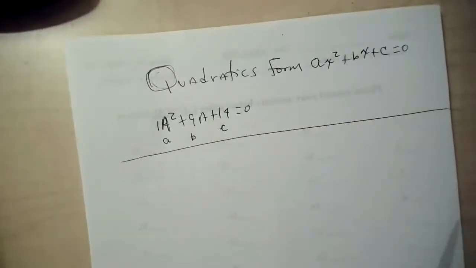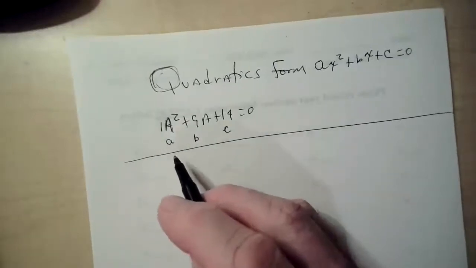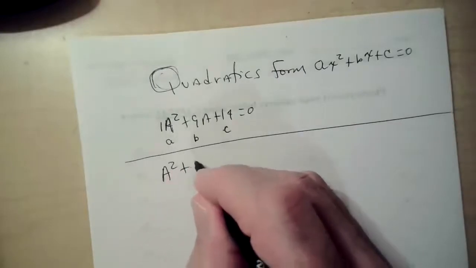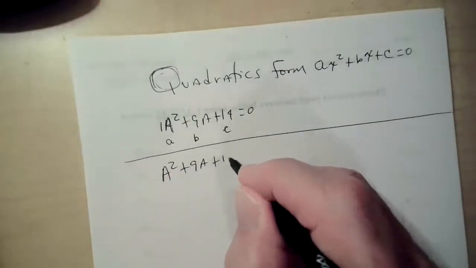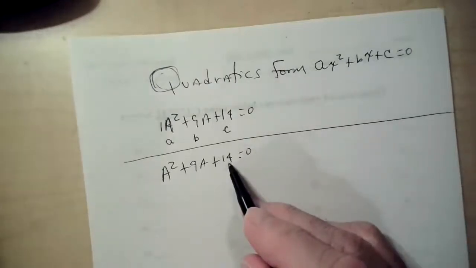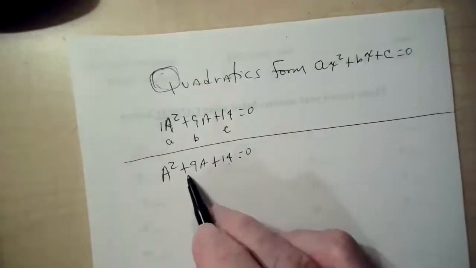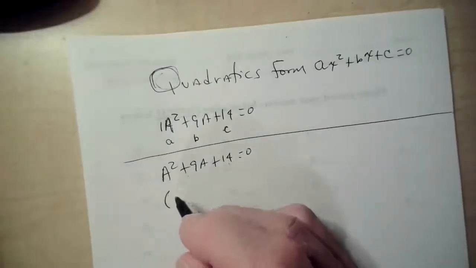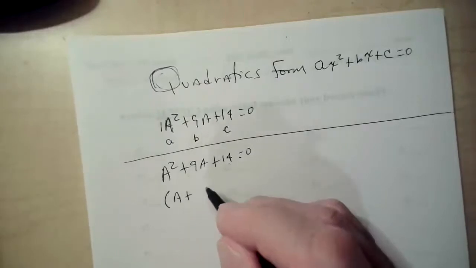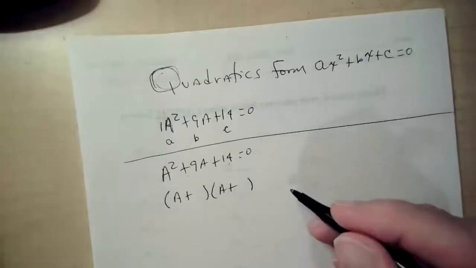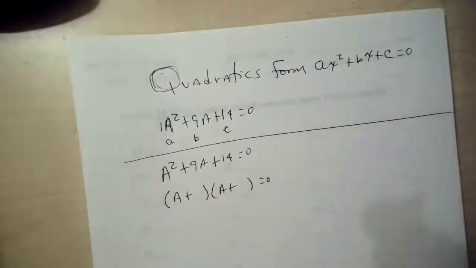Now remember, when we're factoring, let's take this one: a squared plus 9a plus 14 equals 0. We want the factors of 14. Everything in here, b and c, are both positive, so it's going to be in this form: a plus something and a plus something equals 0.